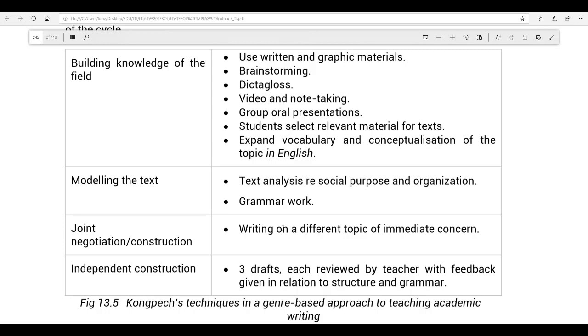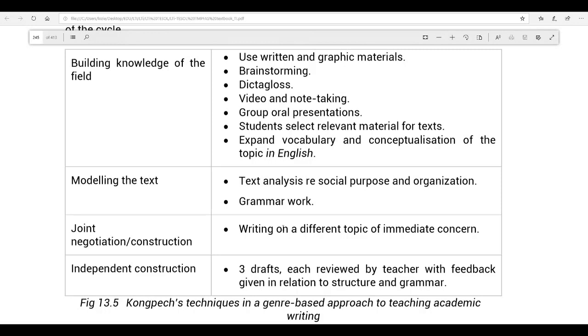So students were writing on different topics of immediate concern, and then students moved on to the independent construction stage, where they wrote 3 drafts, which were all reviewed by a teacher with feedback given in relation to structure and grammar. Kongpak reports that the process was generally well received, and the end result was increased confidence and a clearer grasp on what was expected in terms of academic writing.